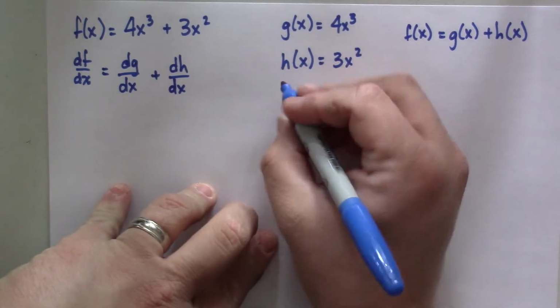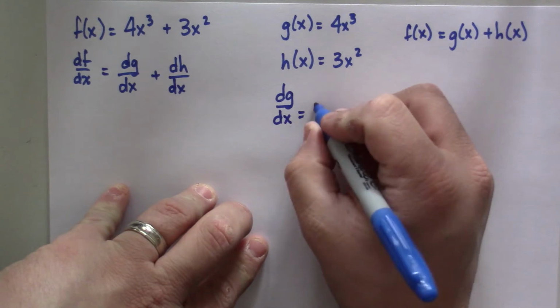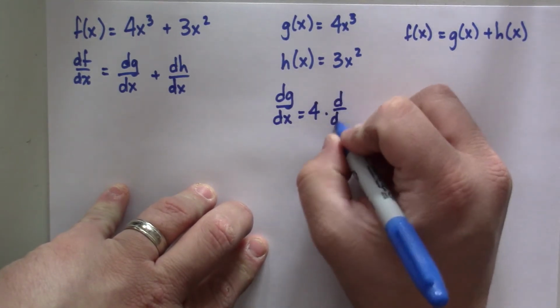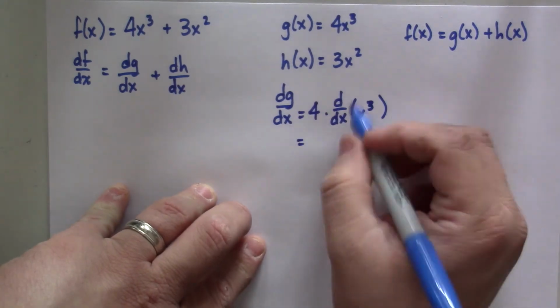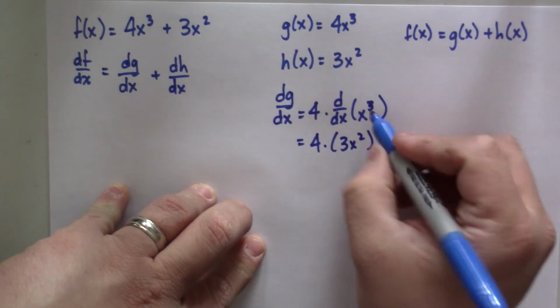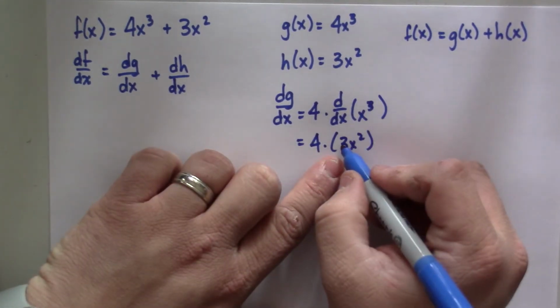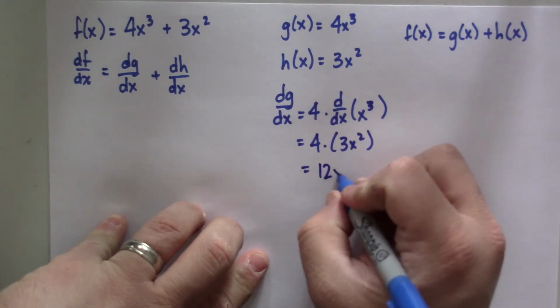We can say that dg/dx is 4 times the derivative of x cubed, and with the power rule the derivative of x cubed is 3x squared, so the power comes down, and take 1 away from the power. So that's 12x squared.